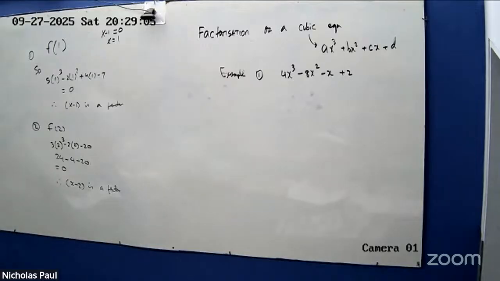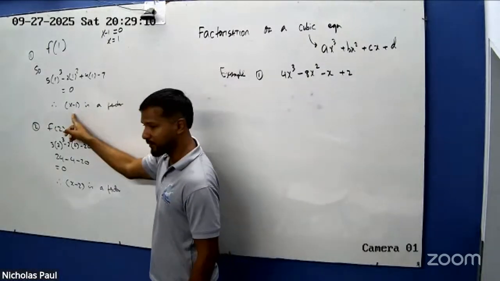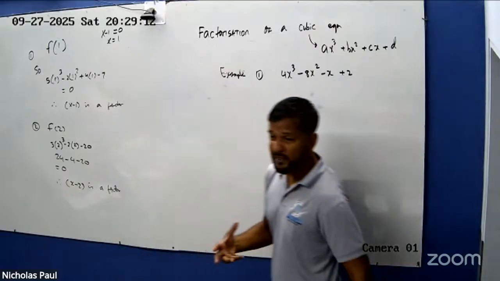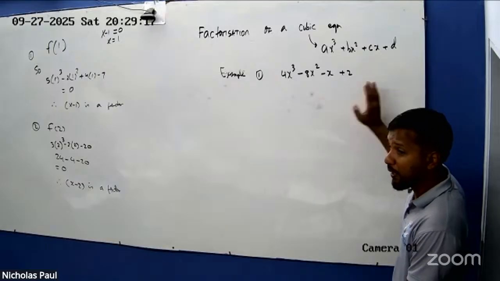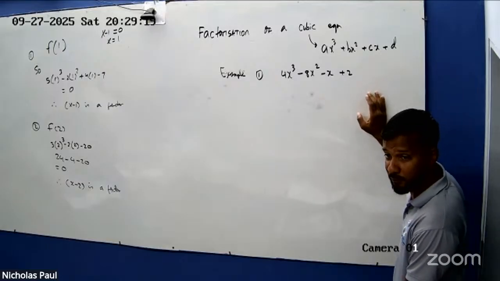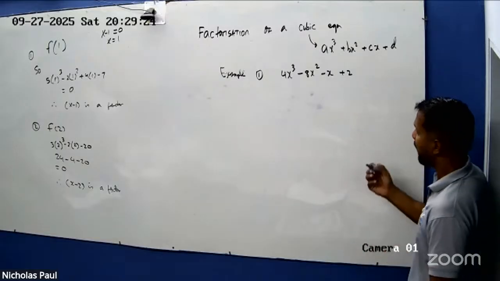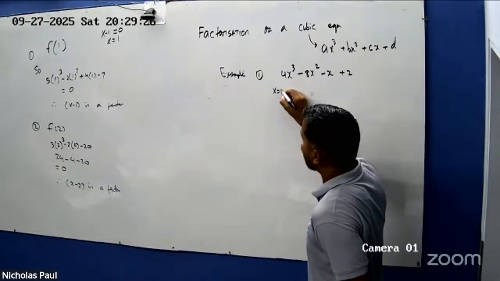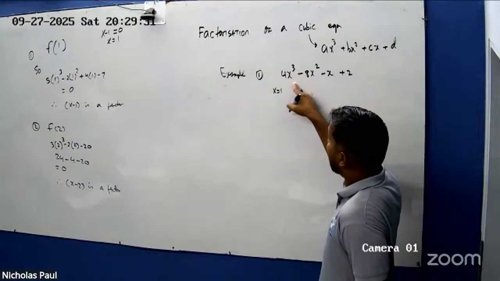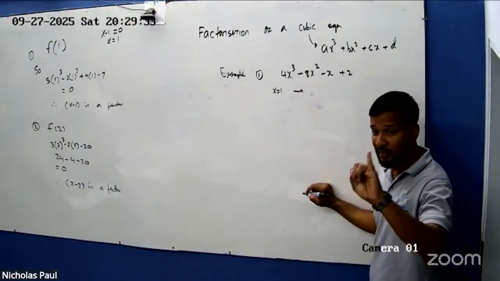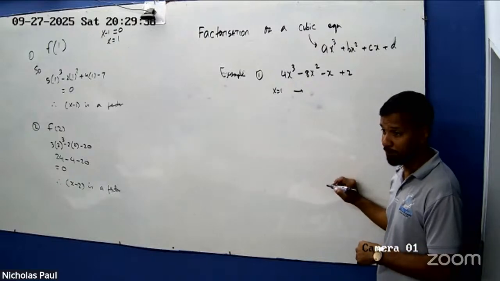We need to figure out what the first factor is, and when we figure it out, we long divide. So here's the long way: put x is 1 and see if you get 0, then minus 1, then 2, then minus 2, and so on, until you get 0.